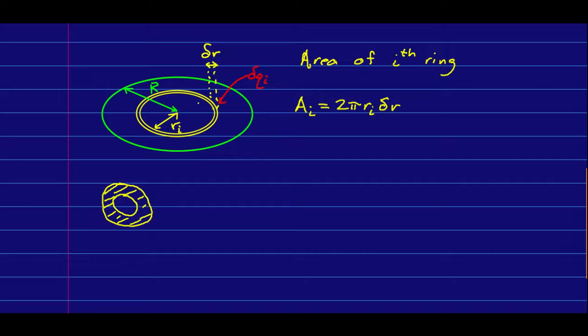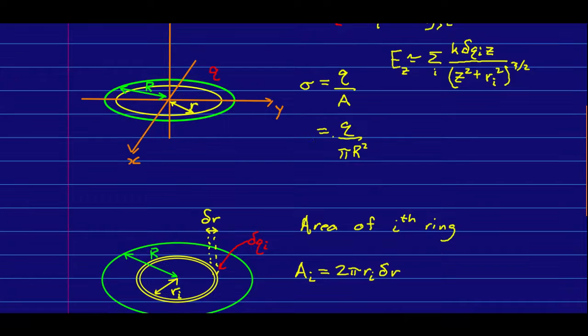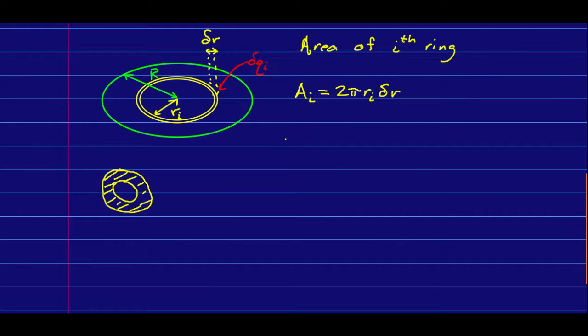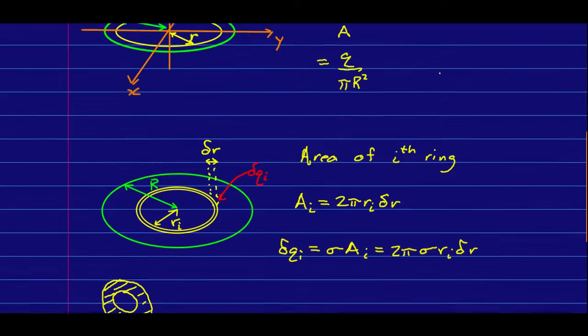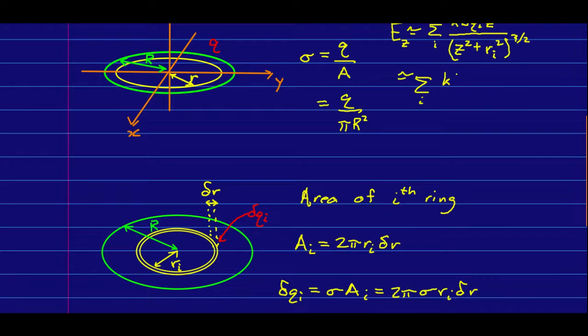And so that means now, since we know we have a surface charge density sigma, we can write delta Q_i is sigma A_i. And so now I can write my E_z is approximately a sum of k, and I'm just going to copy all that up here.